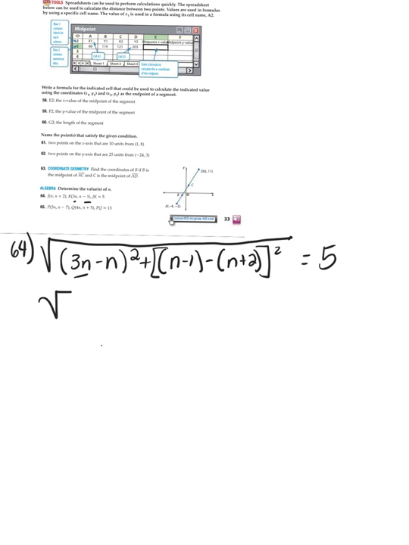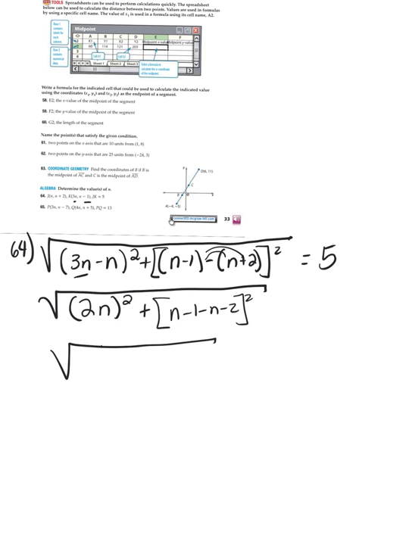Okay, here we go. 3N minus N is 2N squared. Now, in here, I've got to remember to distribute that negative. Cleaning up pretty good now. Remember, the 2 gets raised to the power of 2 as well as the N. Okay, looks like my N's are going to fall out, and that's going to leave me negative 3 to square.